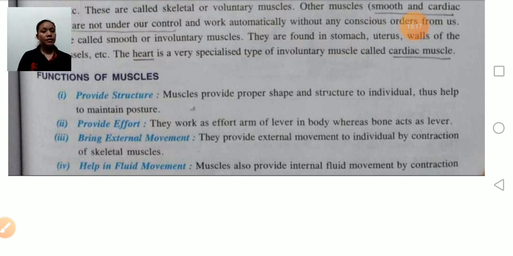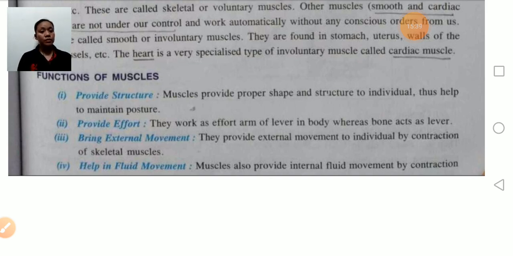Muscles provide external movement to the individual by contraction of skeletal muscles. If the muscles contract, it helps in external movement. So with the help of muscular contraction, it provides external movement to the body.